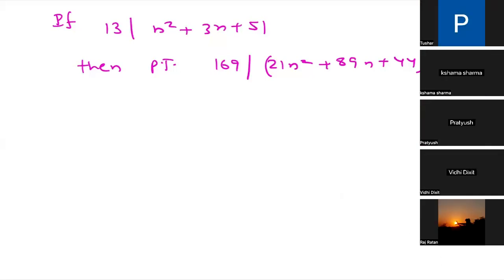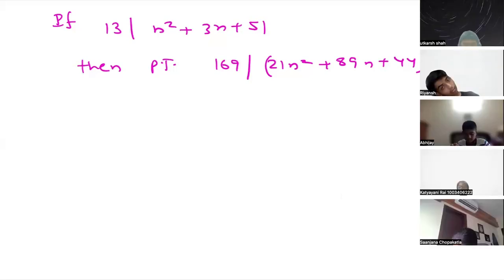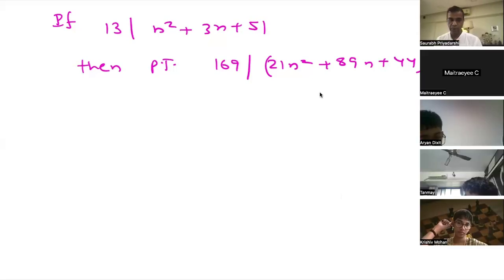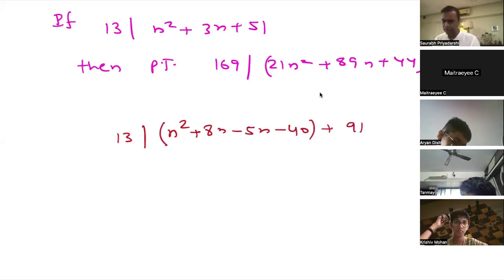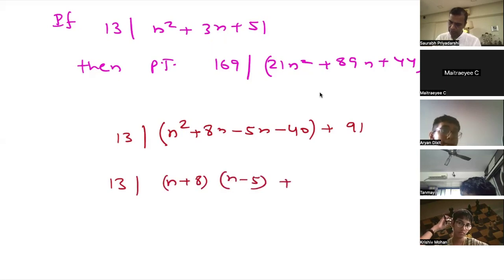With the help of that only, we can go for the second one. The first one, n square plus 3n, is given as divisible by 13. So I can say this is n square plus 8n minus 5n minus 40 plus 91. Why am I writing it like this? I can rewrite this as n plus 8 into n minus 5 plus 91.